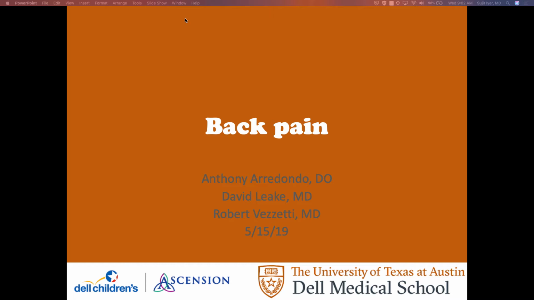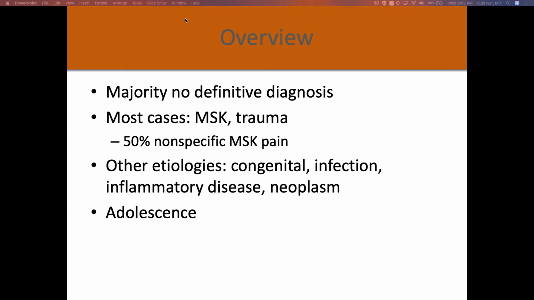So today we're going to be talking about back pain. The majority of back pain is a more common presentation among adolescents and adults compared to younger children. And the majority of the time, there's no definitive diagnosis with these presentations.